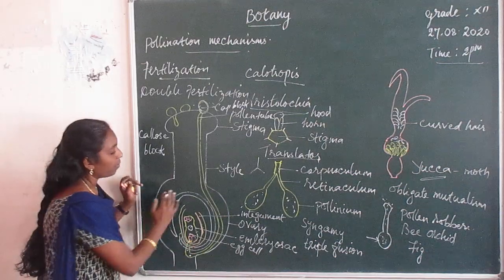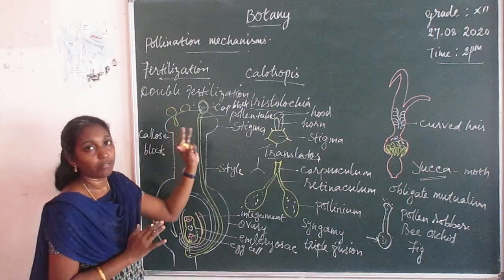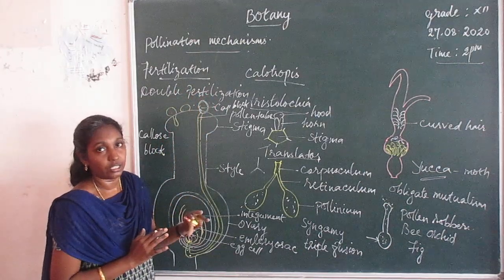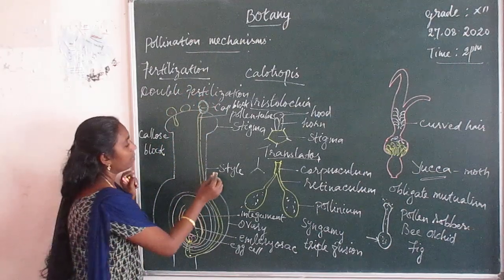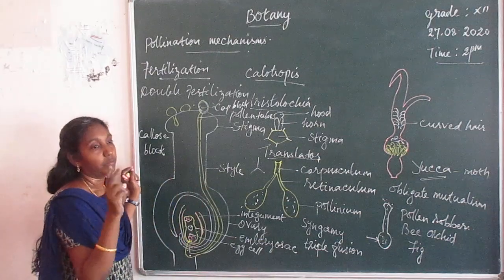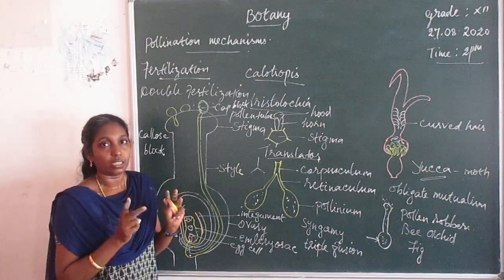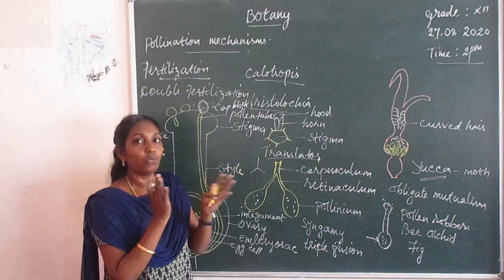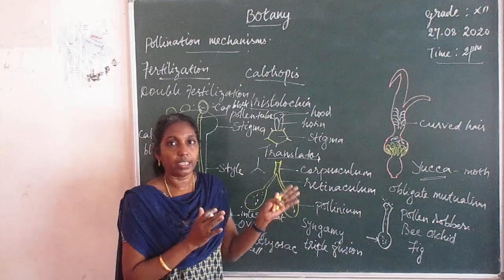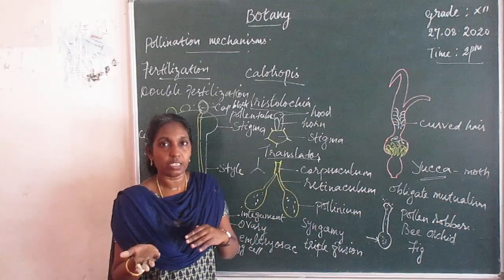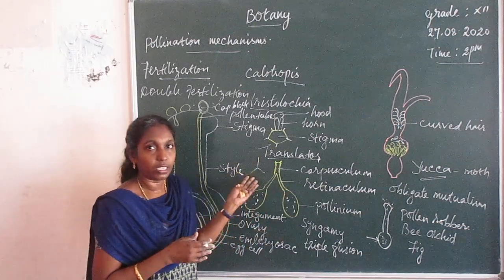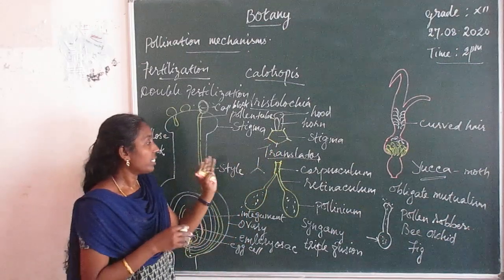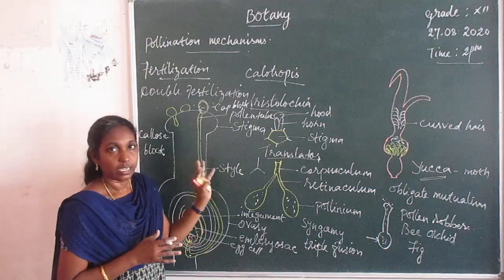Before you learn this question, this is a very important final question: the process of fertilization. There are two kinds of stigmatic surfaces, wet and dry. The compatible and incompatible nature of the pollen grain can be facilitated by the wet and dry stigma.